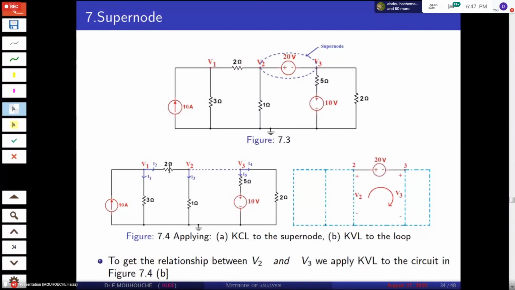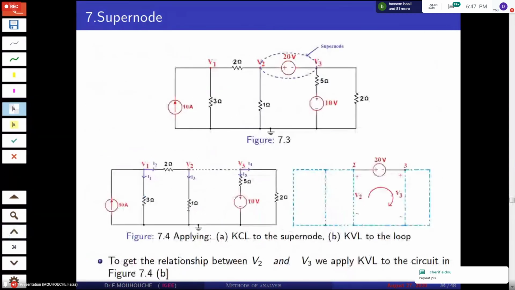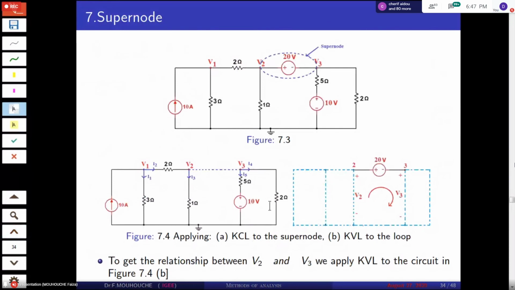This is I2. Then (V2 minus 0) over 1, where 0 means the reference node. You can put it or put directly V2 over 1. Then plus (V3 minus 0) over 2, where you can omit the 0.